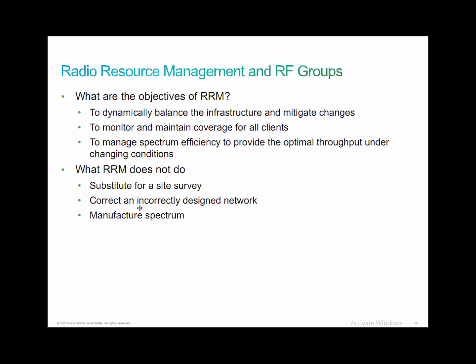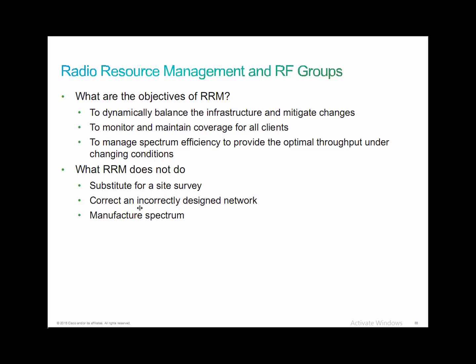So even though RRM processes use information that's gathered by the actual access points, the APs kind of report this information. That's what allows us to make decisions on the adjustments to the AP's channels, the power settings, and so on.